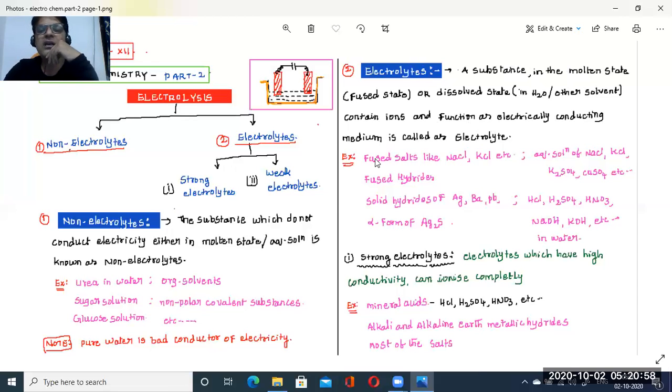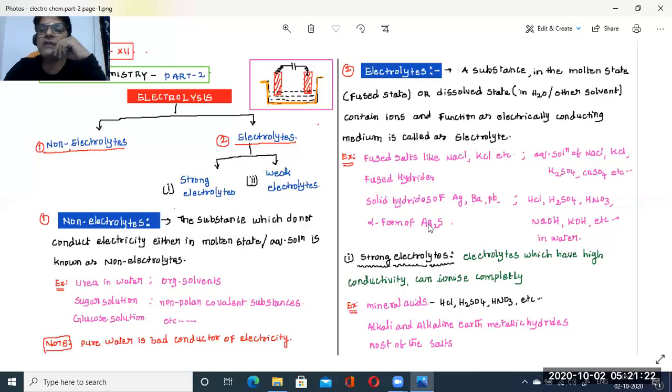So generally all the fused salts like sodium chloride, potassium chloride, otherwise fused hydrides and solid hydrides. Hydrides are what? Silver, barium, lead, and alpha form of Ag2S, which means silver sulfide. Okay.